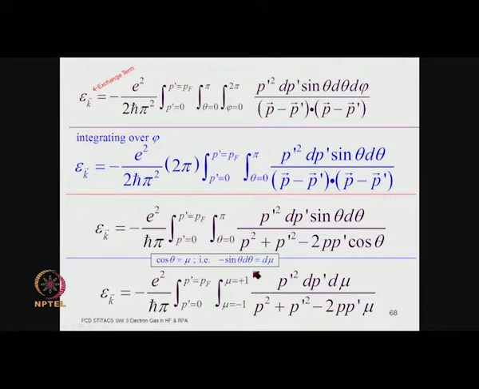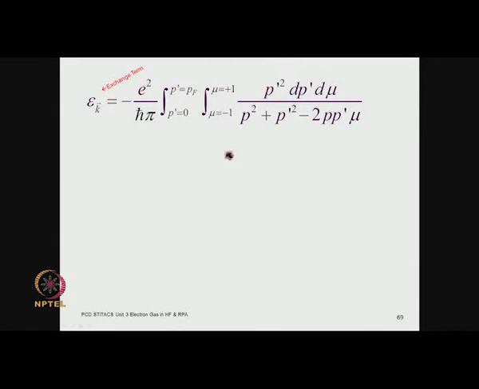Okay. So now you have integration over mu going from -1 to +1. There is a minus sign here which takes care of the cosine theta correctly, and we will now work with this integral. You have to integrate over mu going from -1 to +1.